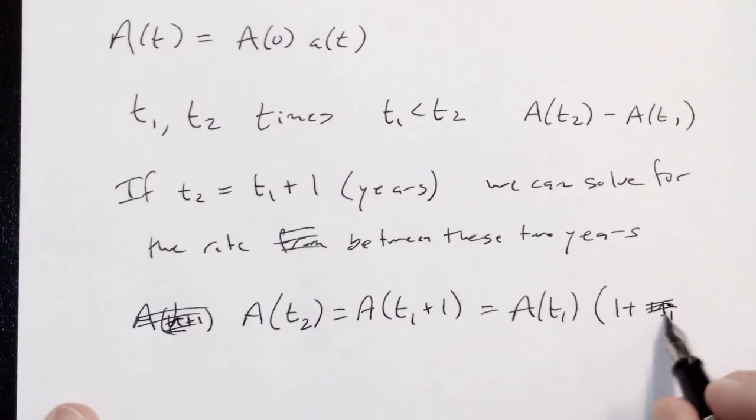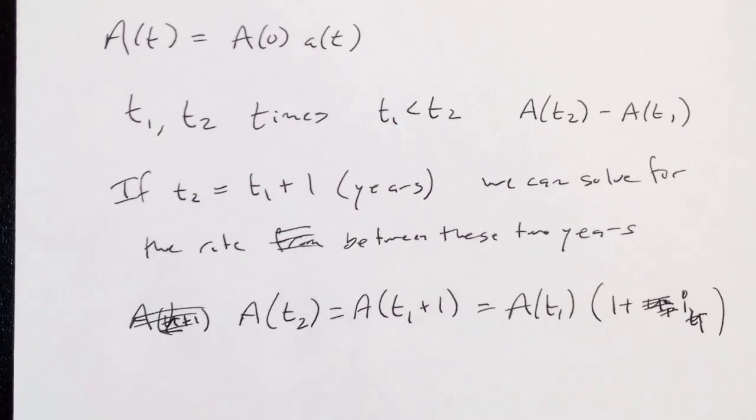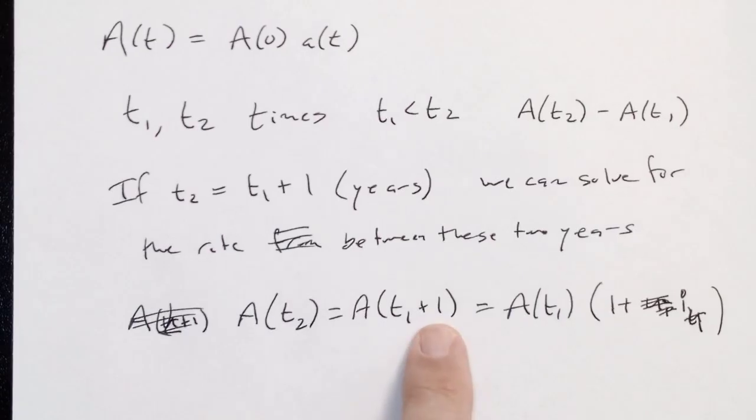I did it again. Right? 1 plus i times the time, but the time here is 1. I'm only adding 1 year.